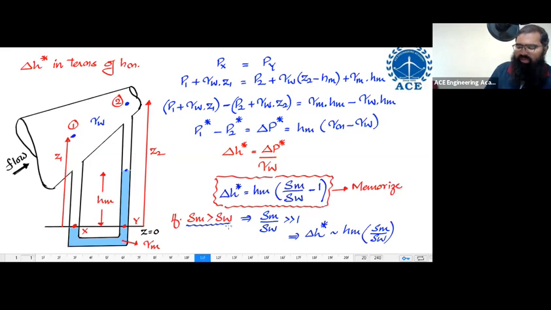So be careful, whenever this happens, you can use this particular condition over here. This is the approximation we are having. Now this approximation is important because in the GATE examination, they are using this approximation. Some years back in the civil paper, this approximation was used in the solution. Only then you were getting the answer, otherwise you would not get the answer. You can take a snapshot of this particular slide.